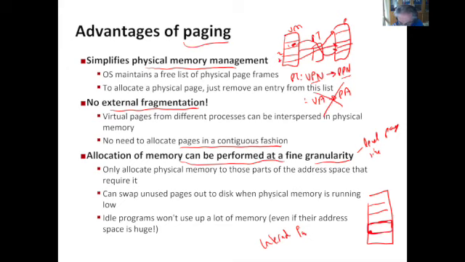If I set my page size small, you will have less internal fragmentation, but the page table will be larger. If you set your page size large, for example 4 MB, then your page table will be small, but internal fragmentation will be much higher. So you should understand how the dynamics work.